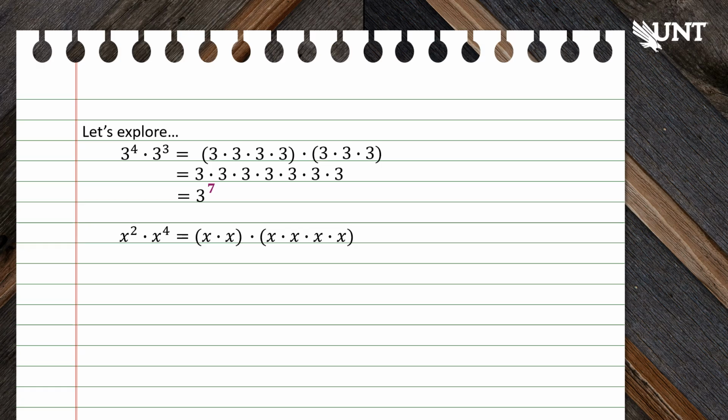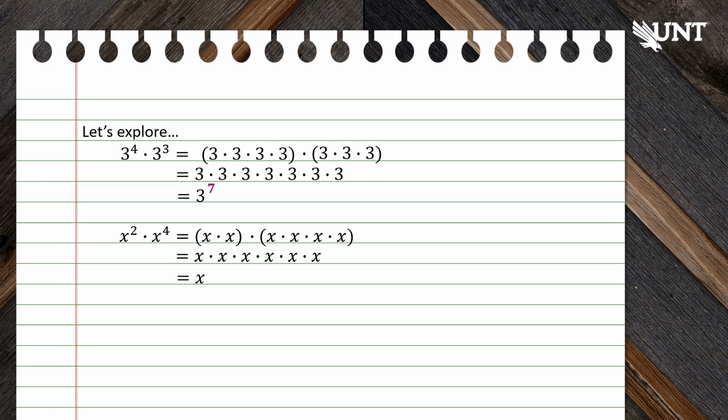Since all of these values are multiplying, there's no grouping symbols necessary to distinguish which one's part of the x squared and which one's part of the x to the 4th. Instead, we just have a bunch of x values multiplying. Now, because it's the same value multiplying itself, that means we can turn it into an exponent.